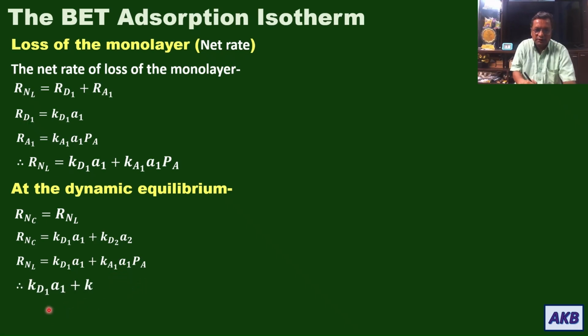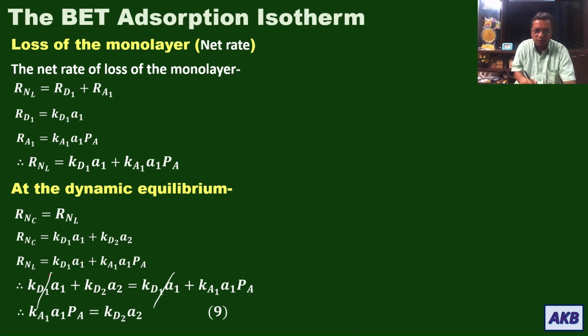And therefore, using these two in this equation, you get KD1 into A1 plus KD2 into A2, that is equal to KD1 into A1 plus KA1 into A1 into PA. You can see KD1 into A1 is present on both the sides, so this term is going to get cancelled. And you are left with KA1 into A1 into PA, that is equal to KD2 into A2. I am calling it equation number 9.